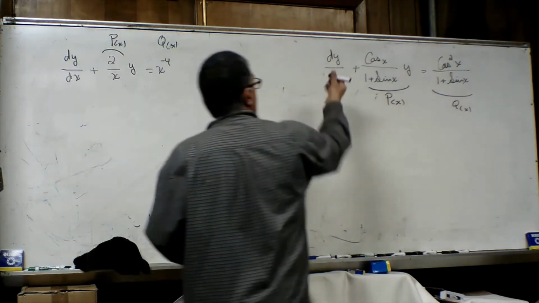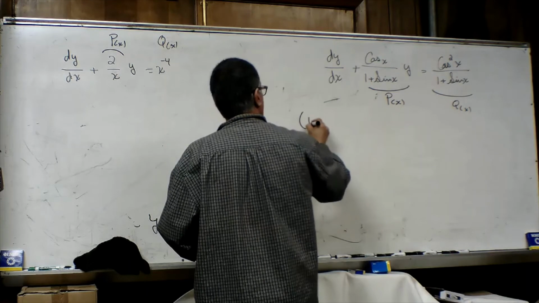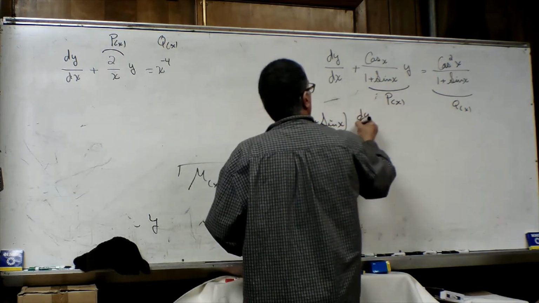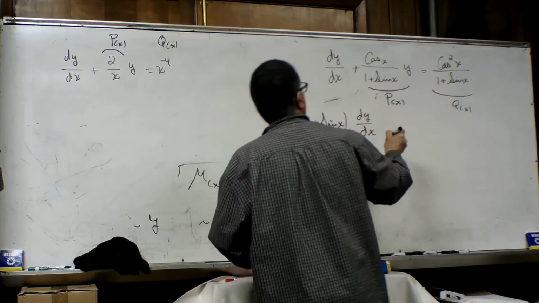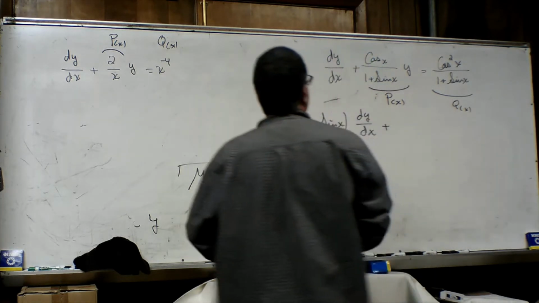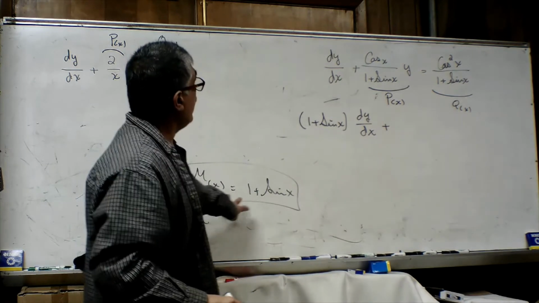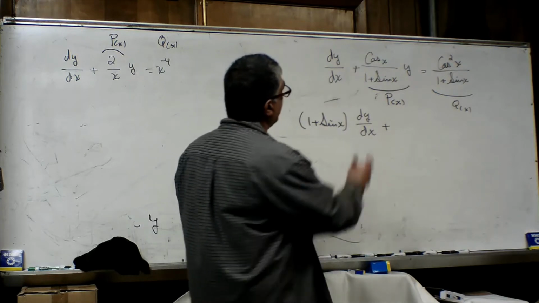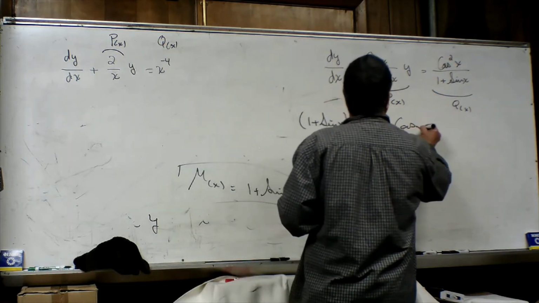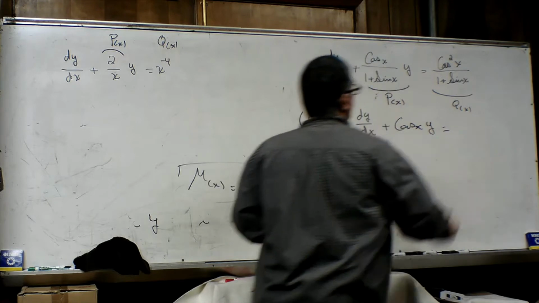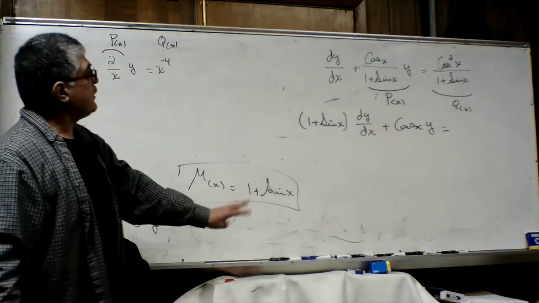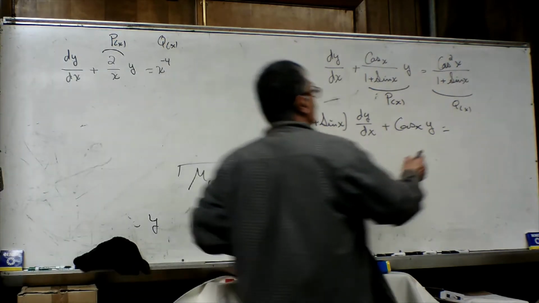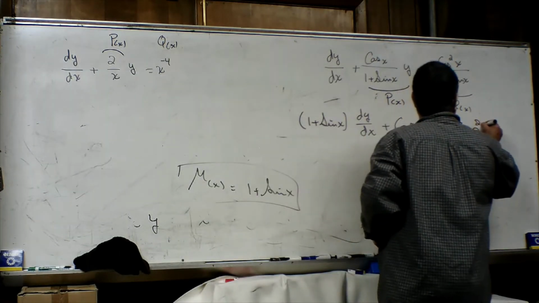We multiply this by our equation, so we have 1 plus sine x multiplied by dy over dx plus, if we multiply this by that, 1 plus sine x is going to cancel out, so we're going to have cosine of x times y equal to, and on the right side, again 1 plus sine x will cancel out, so we are going to have cosine squared of x.